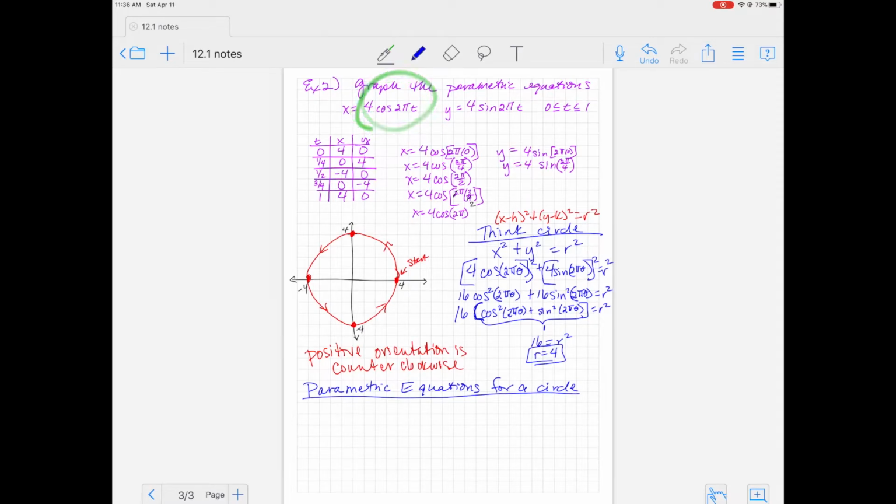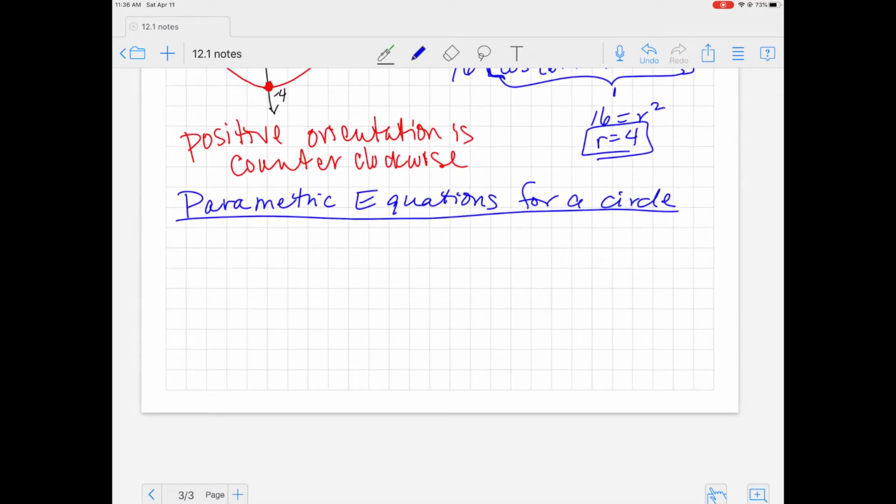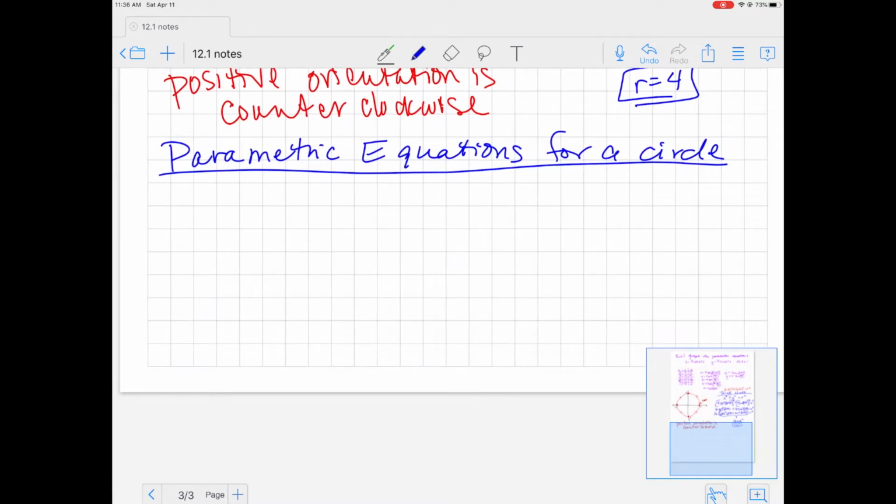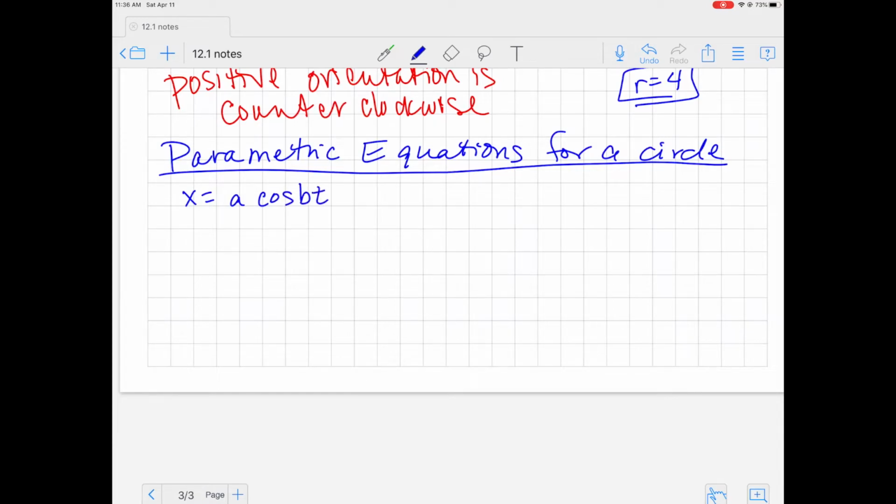When you think about the unit circle, cosine is your x, sine is your y. So that's the same thing that we're going to be looking at here with our parametric. I'm going to make this big again. Sorry for all the back and forth. So x is equal to a cosine bt. Y is equal to a sine of bt.